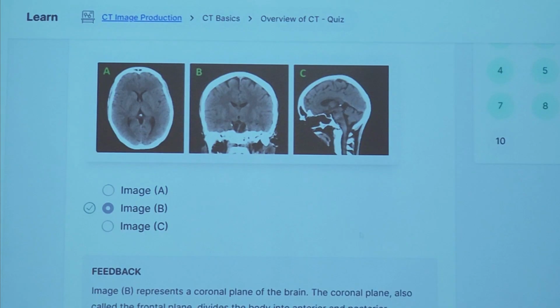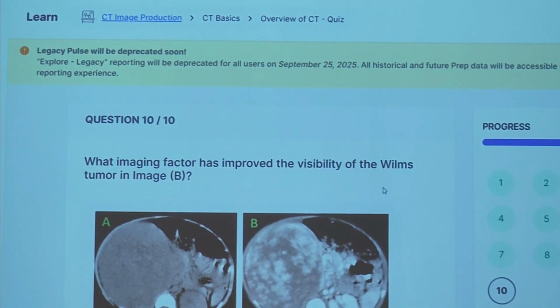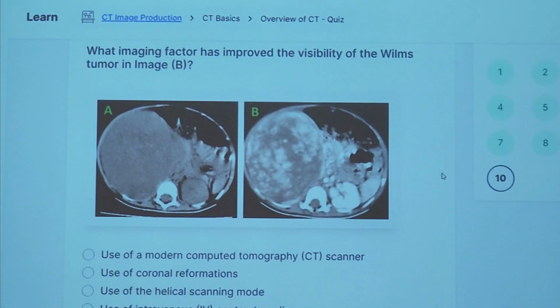All right. And we are on our road to making 100 here. What imaging factor has improved the visibility of this Wilms tumor in image B? Let me go with Samantha. Contrast media only. This is tissue differentiation.